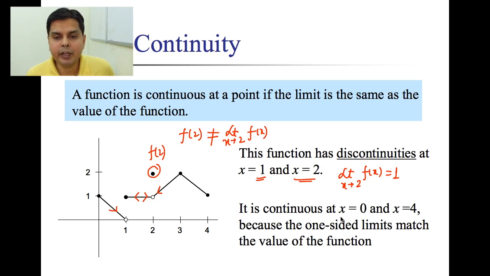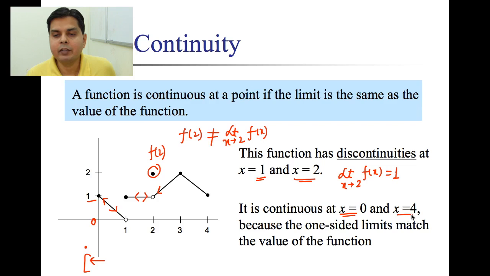But about x is equal to 1, the value of the function is also 1 and the right hand limit also is 1, so it is continuous. Remember, this x is equal to 0 is my left end point because my function is defined only from x is equal to 0. So at the left end point we check the value of the function and the right hand limit.